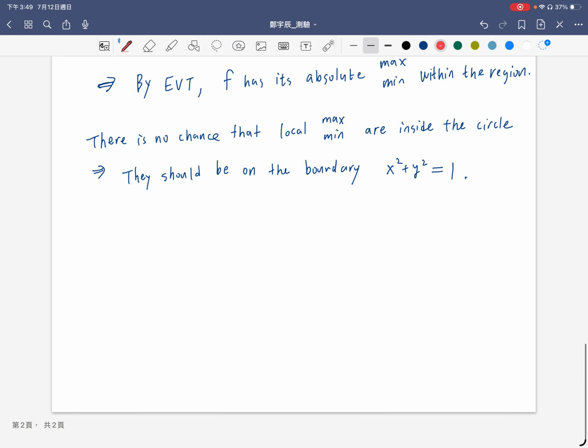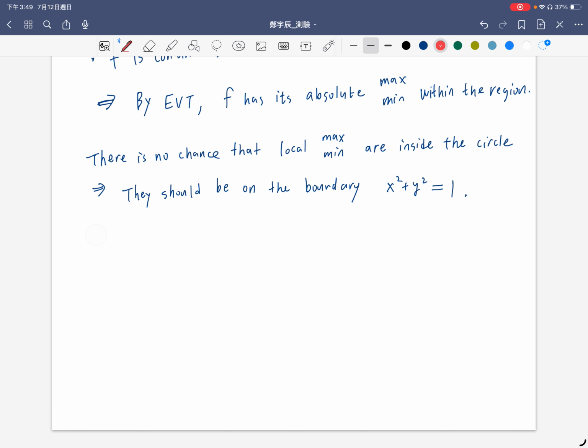Now we prove it by contradiction. So we suppose f of x, y is a constant, let's call it c, on the unit circle, x squared plus y squared equals 1.